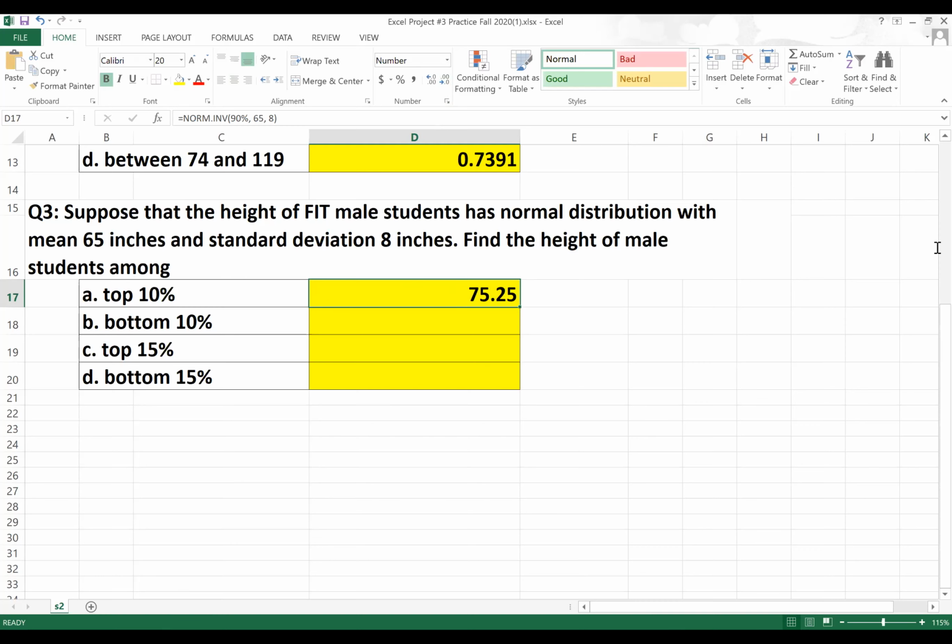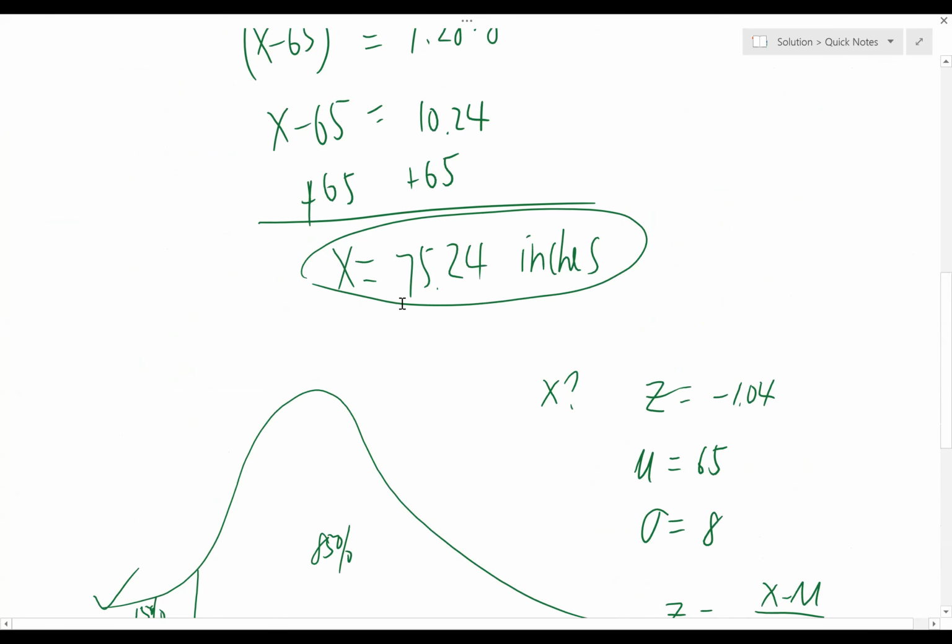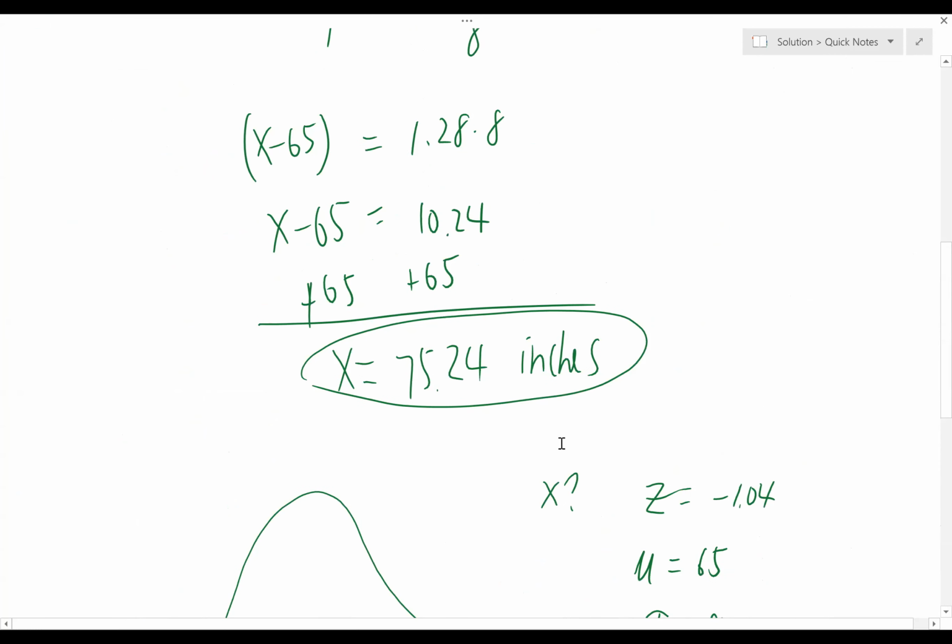Go back to the calculation we have, 75.24. Excel is more accurate, but they are very close. Because of rounding in the hand calculation, and since Excel uses the exact answer to get the Z-score, the answer is close but not exactly the same.